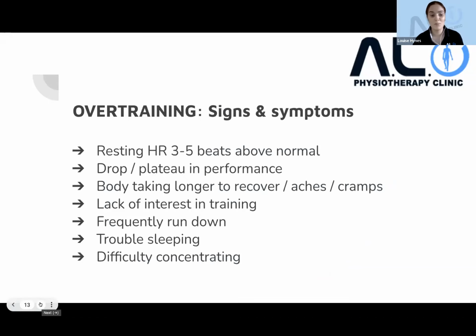So number one, your resting heart rate is really important. Hopefully a lot of you will have a means of monitoring this, and getting to know what's normal for you is really important. After a hard session, it's normal to see an elevation in your resting heart rate. But if that persists and is consistently 3 to 5 beats above normal, it can be a sign that you're overtraining.